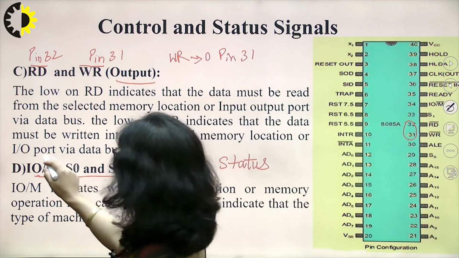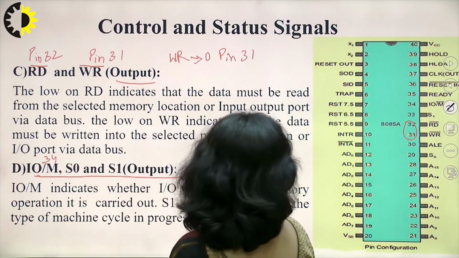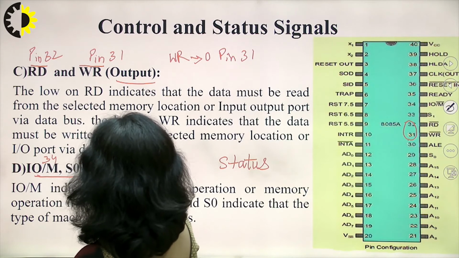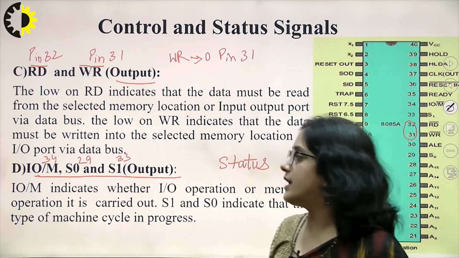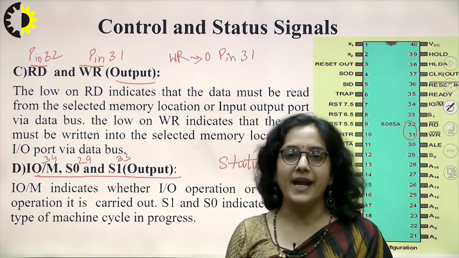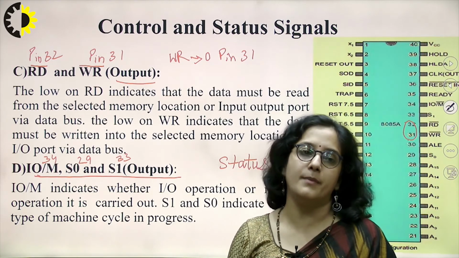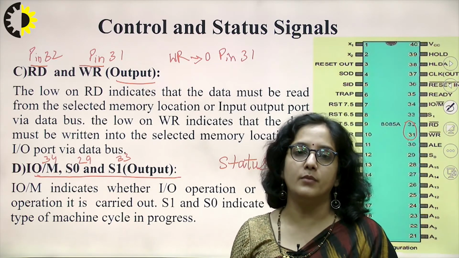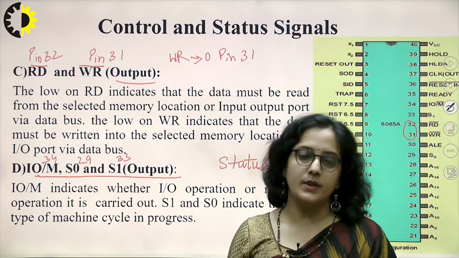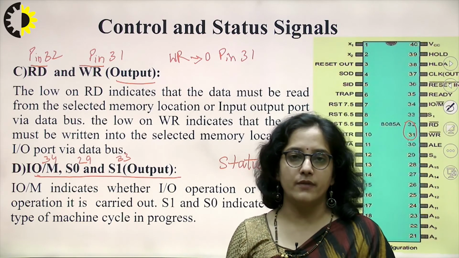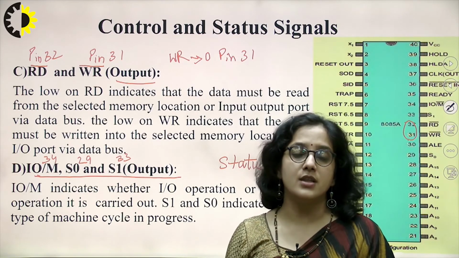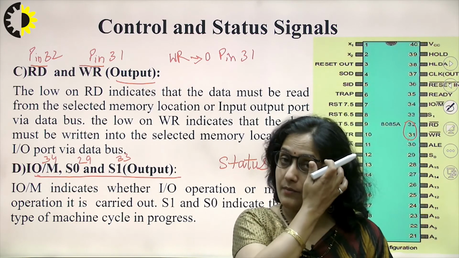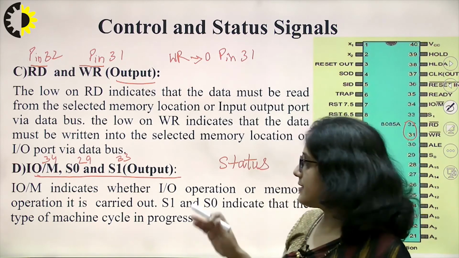So pin number 33, 29 and 34 combinedly give us the status of our microprocessor, whether it is reading from memory or writing into memory, or reading from an input device or writing into an output device, or it is interrupted by another device. What operation the microprocessor is performing at that particular time, we can check from the status signals.